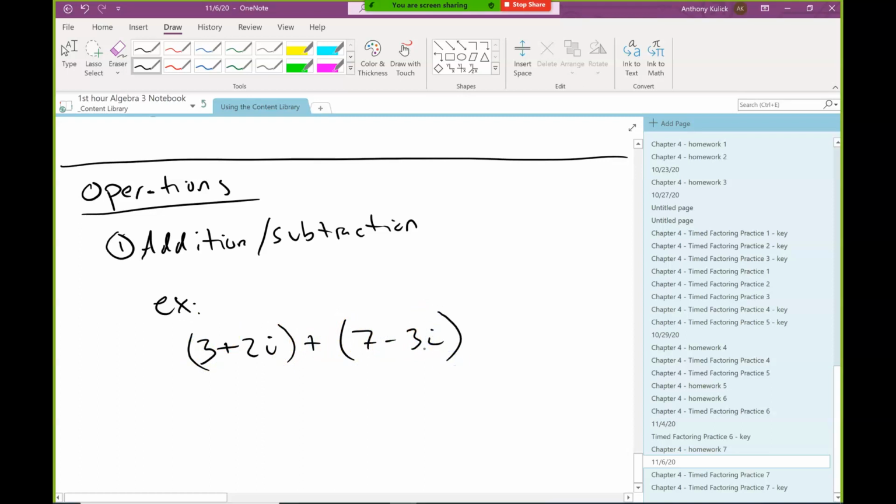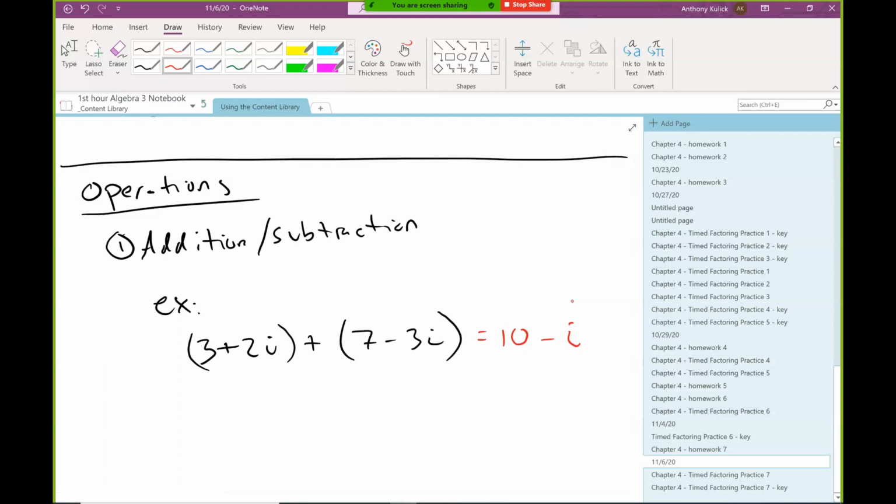So let's say we're taking the complex number 7 plus 2i and adding to it the complex number 7 minus 3i. The way we add these together is we add the real parts together, 3 plus 7, and we add the imaginary parts together, 2 plus a negative 3, which is negative 1.